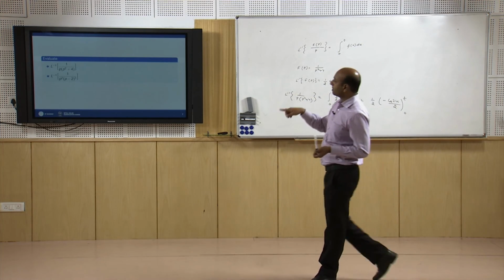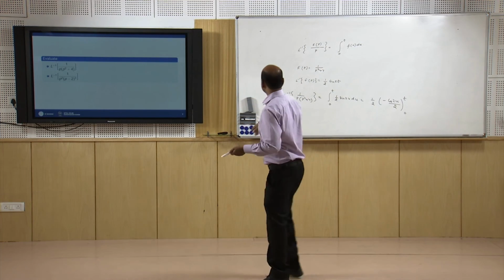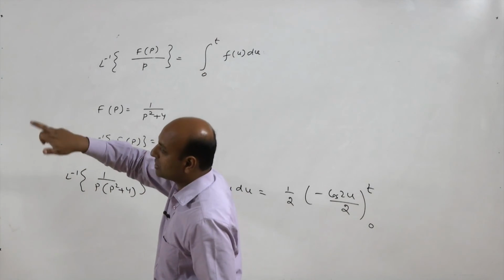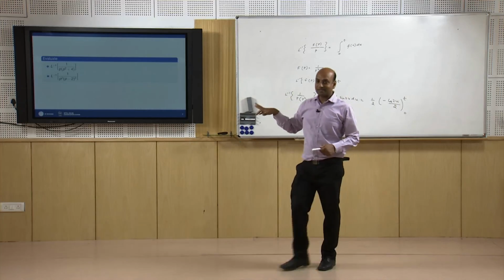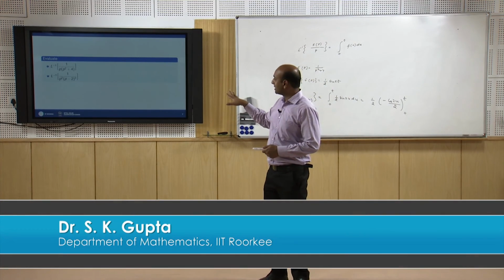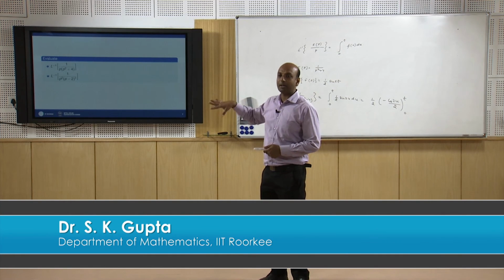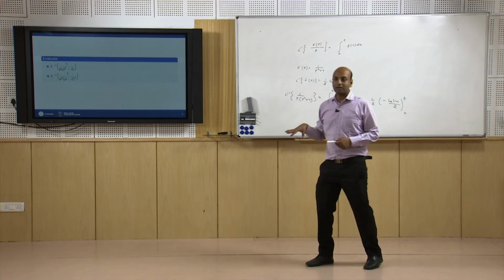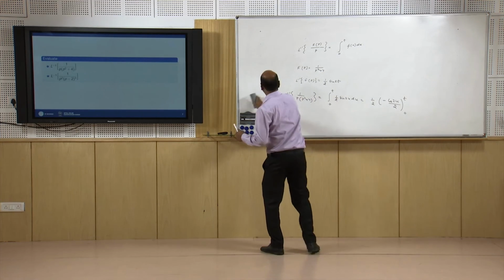Now for the second problem we have to use this property again 2 times, because we have 1 by p square. We have 2 ways, we can use partial fractions also, but it is better if we use the division by p concept, because that is less time consuming and simple to solve also.